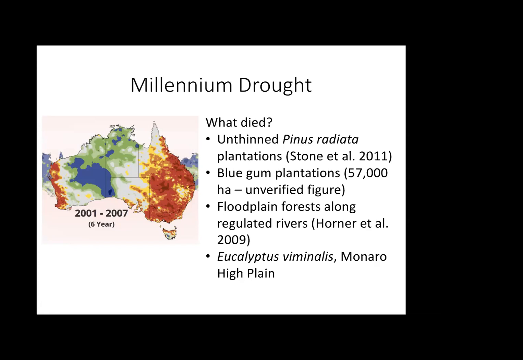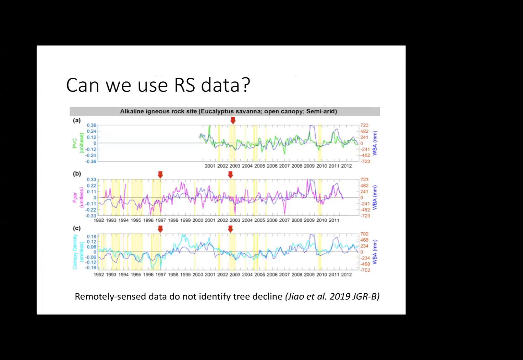So it didn't seem like there was a lot of tree death, but one of the issues that we had was that we didn't know whether that was just people weren't paying attention and tree death was occurring and it just wasn't being reported, or whether it actually wasn't occurring. We did go and look in the remotely sensed record to see if we could find evidence for tree death.